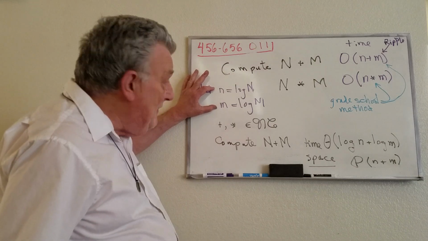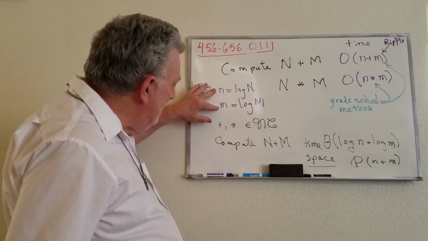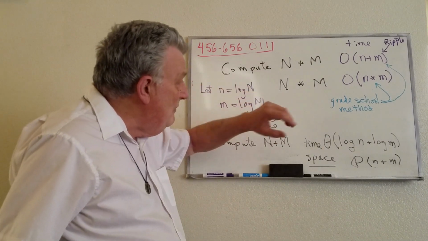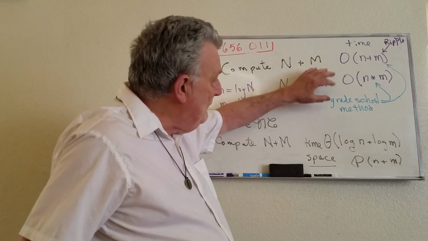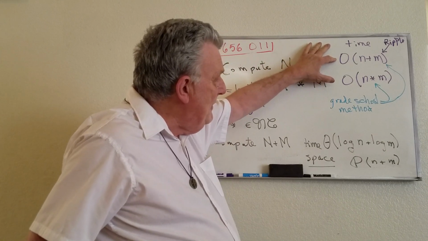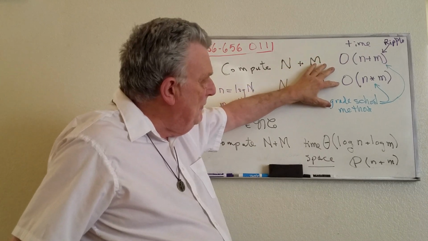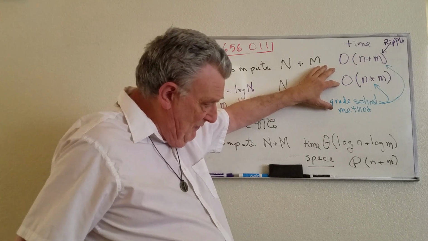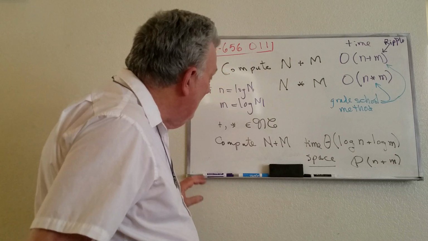The input size is not N and M, it's the logarithm. So we'll say little n and little m are the logarithms of capital N and capital M. And then using the grade school method we learned in grade school, second grade, fourth grade, whatever, it takes O of n plus m time to add the two numbers and approximately O of n times m time to multiply the two numbers using the standard multiplication algorithm.